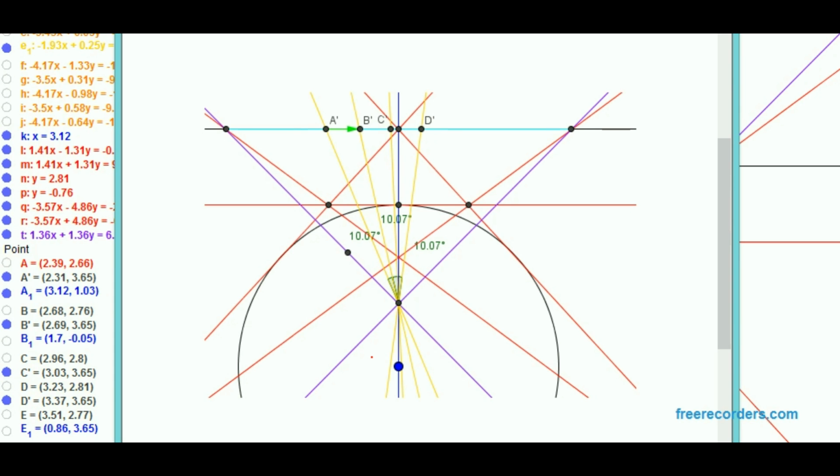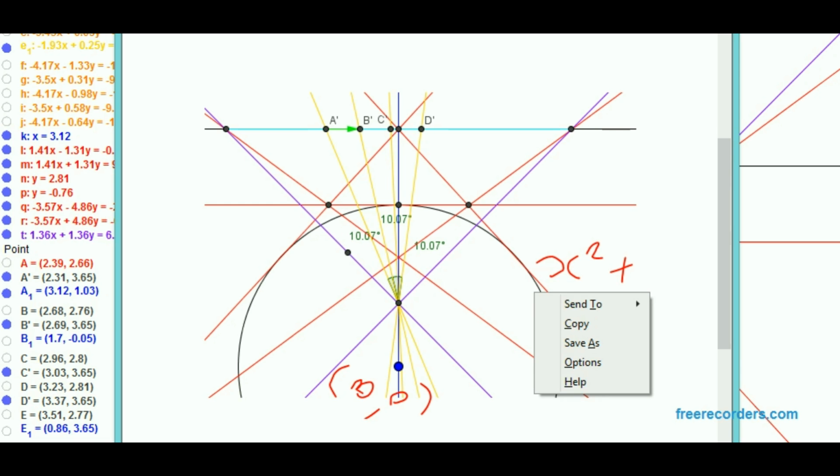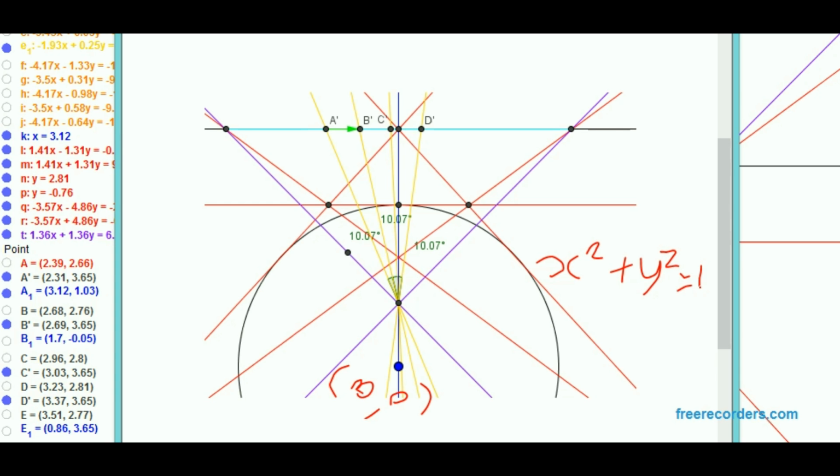So let's use Cartesian coordinates for a second, and if this origin is 0, 0, and let's say this circle is the unit circle, so it has the equation x squared plus y squared equals 1, and let's say that this distance here is h.